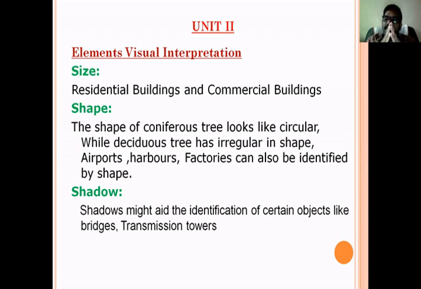Now, whatever the sensors record has to be sent to the processing station. When we look at the basic components of remote sensing, we saw five basic components. In that, the processing station, or processing, transmittance, or analysis of data, is also one of the components we discussed.